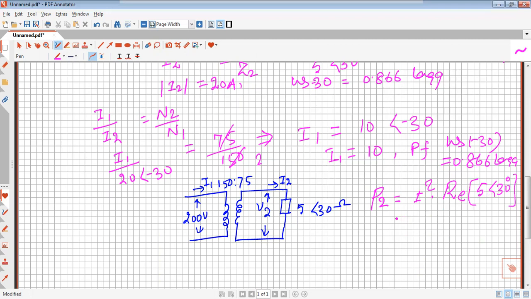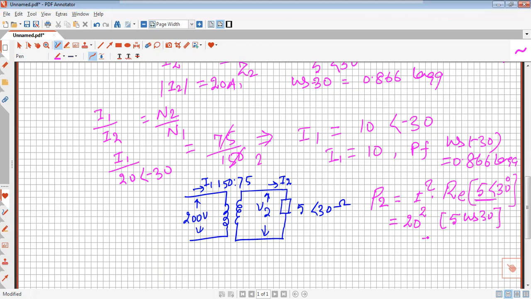I need only I square R. If I break it, we get 5 cos theta plus j5 sin theta. I do not need j. I need only the real part. So the current in the secondary has magnitude 20, squared, into the real part R. If we put in the value, it will be 5 cos 30.